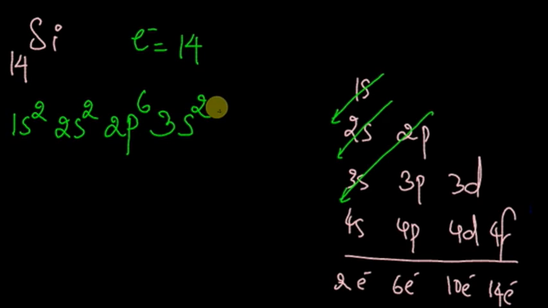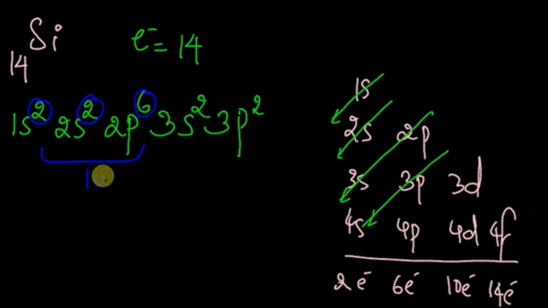Even though p can take 6 electrons, we don't need that. We only have 2 more electrons to fill, so that becomes 3p2. Now to quickly verify our count, we have 2 plus 2 plus 6, which is 10 electrons, and 2 plus 2, 4 electrons, and the total electron count is 14 electrons.